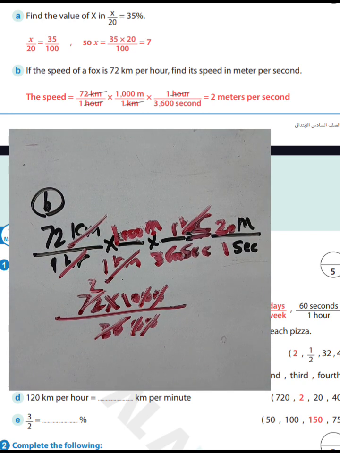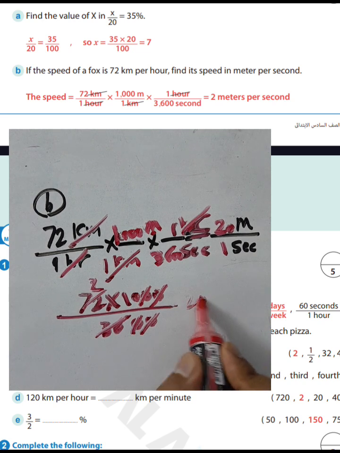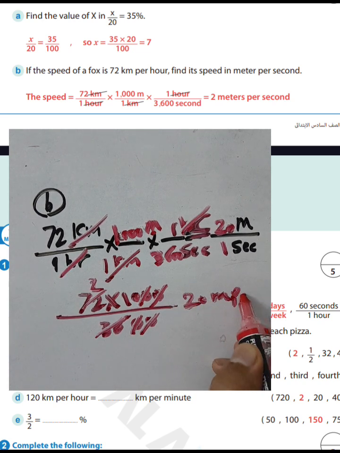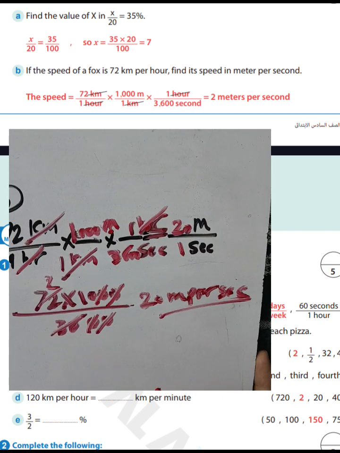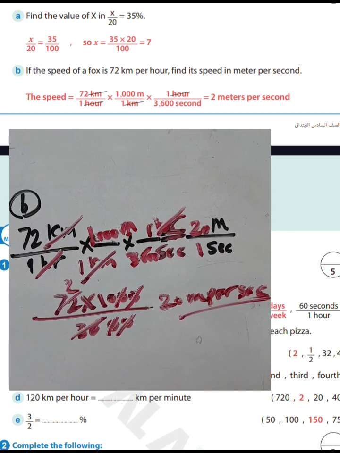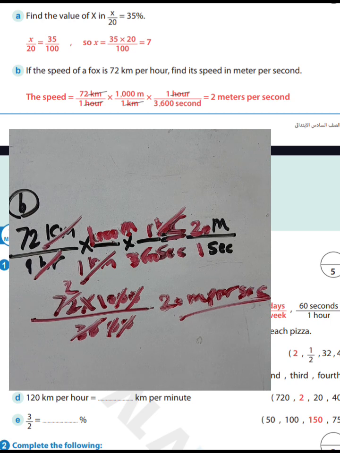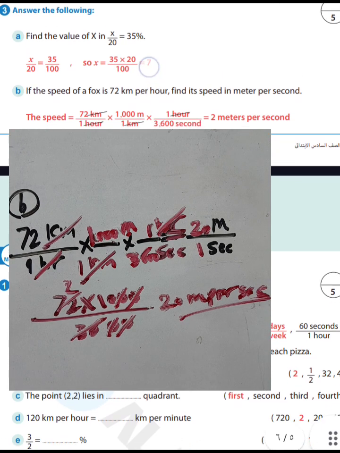The result will be 20 meters per 1 second. Understood? It's clear with you? Okay, so the result will be 20.